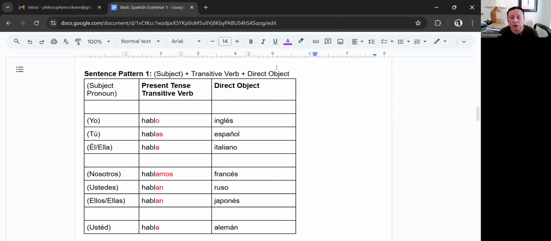If you're a new language learner, I highly recommend you spend 70 to 75% of your time just listening. Not understanding; you're not trying to understand words. You're just trying to pick up the syllables and the rhythm of the language.